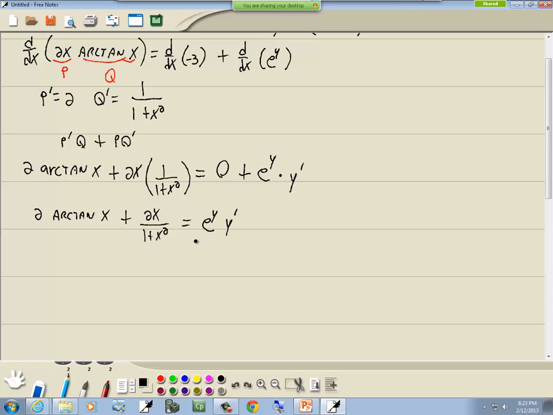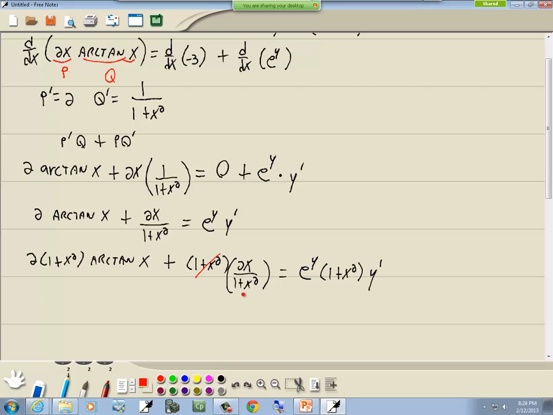Now, we only have one denominator, the 1 plus x squared, so we're going to multiply everything by 1 plus x squared. So we'll have 2 times 1 plus x squared times arctangent of x plus 1 plus x squared times 2x over 1 plus x squared equals e to the y times 1 plus x squared y prime.